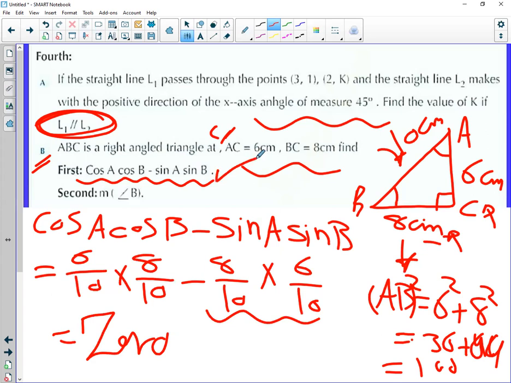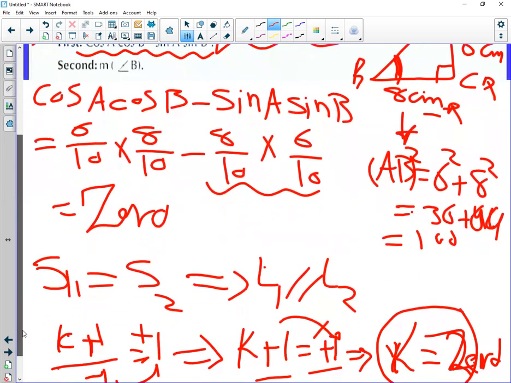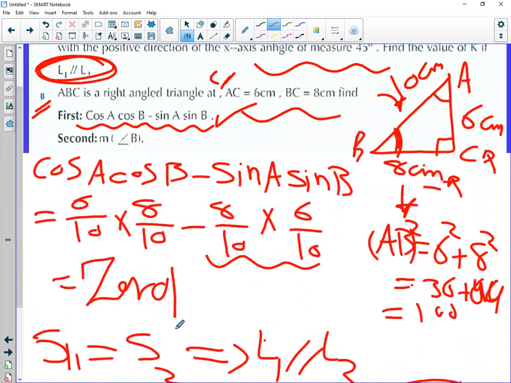And number 2, second, the measure of angle B. We can get the measure of angle B by different methods, using tan B or sine B or cosine B. Tan B equals what?